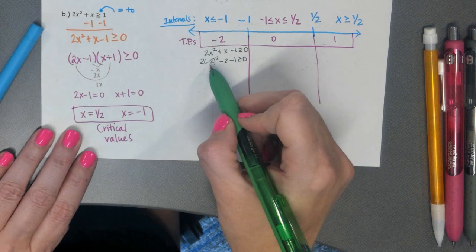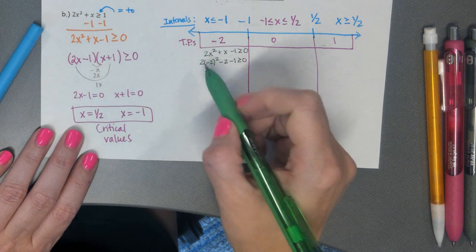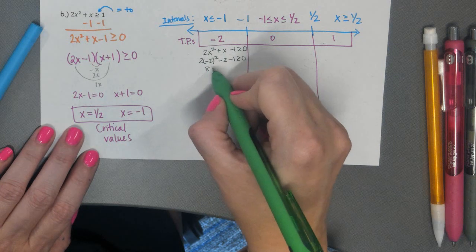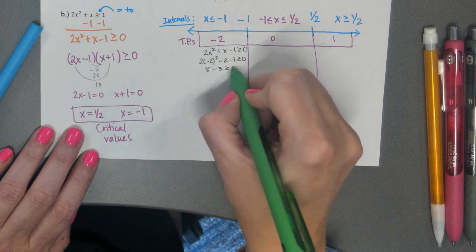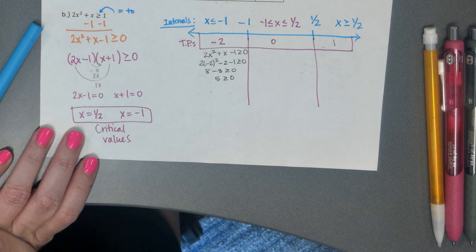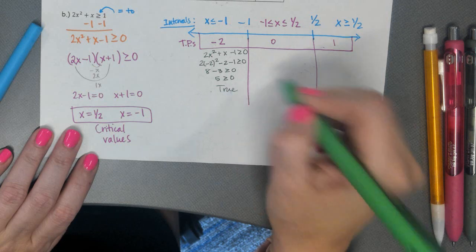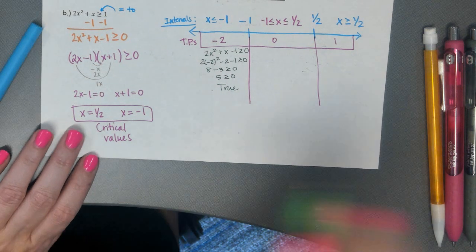So let's do our order of operations. Negative 2 squared is 4. 4 times 2 is 8. So this is like 8 minus 3, which is 5. Is 5 greater than or equal to 0? Yeah, so true.